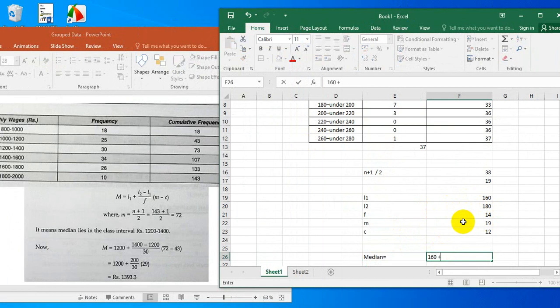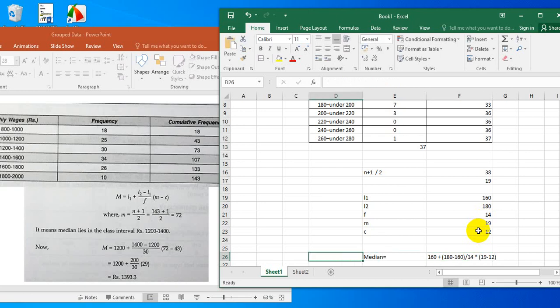Then L2 minus L1 means 180 minus 160, and then divide this difference by the frequency, which is 14, and then multiply this figure with M minus C. Here M is 19 and C represents 12. So this is how we calculate the median score.